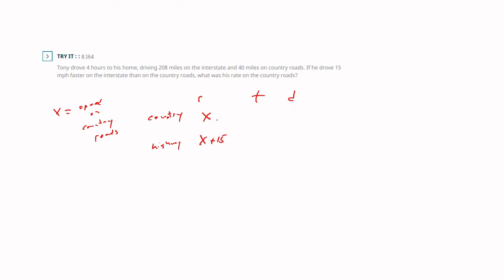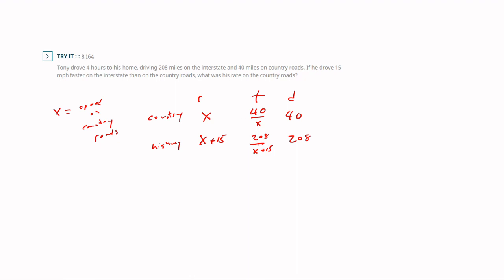Now, how about the distance that he's done on each of these? So on the country roads, he's on 40, 208 on the highway. Now, we always do this part the same. Our time is going to be that ratio. Okay, so we have what we need.